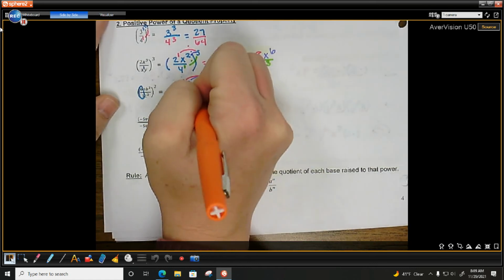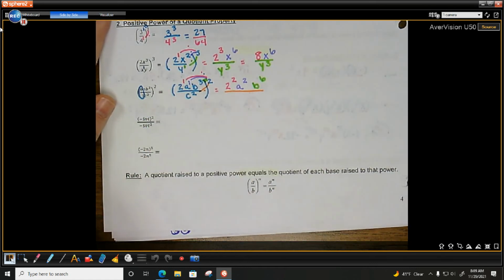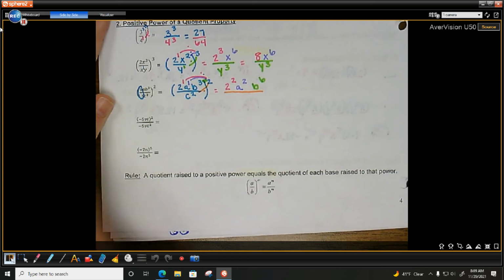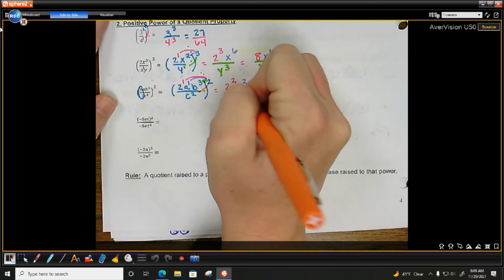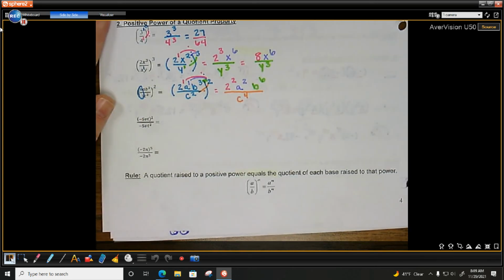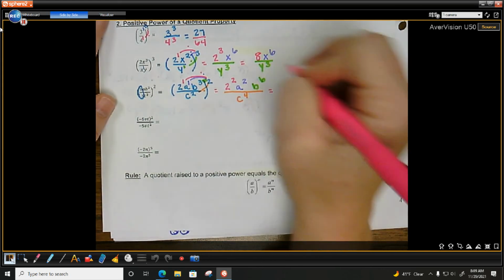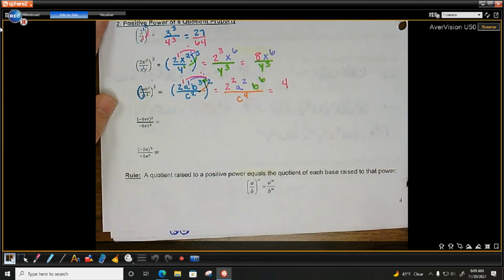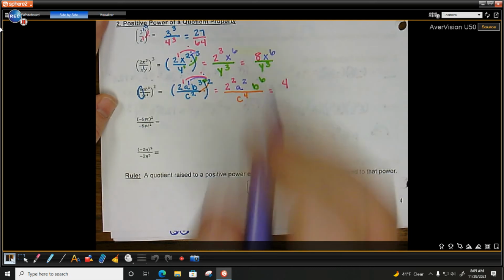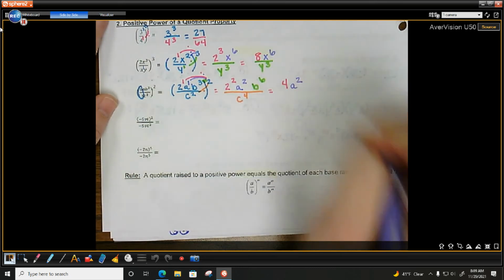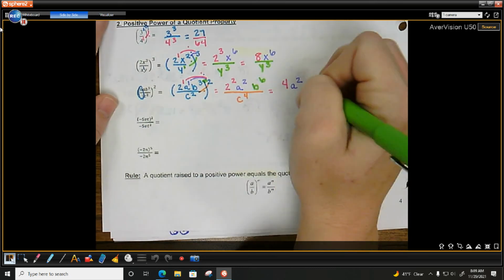C to the fourth. What's 2 squared? 4. So 4 a squared b to the 6 over c to the 4th.